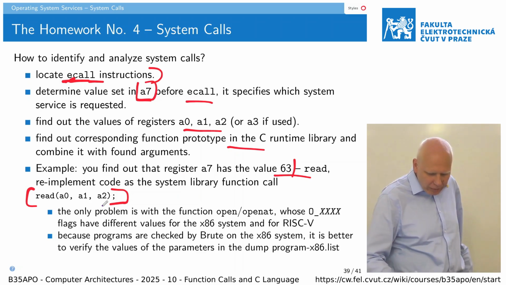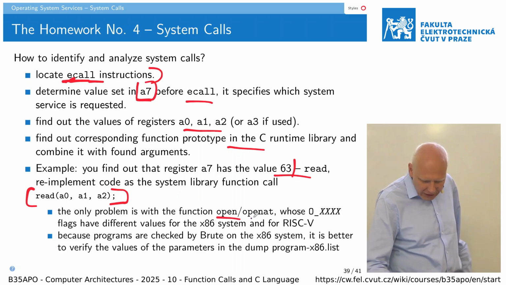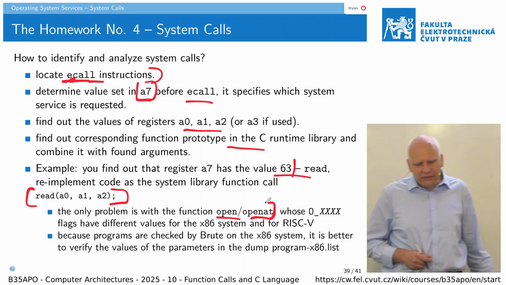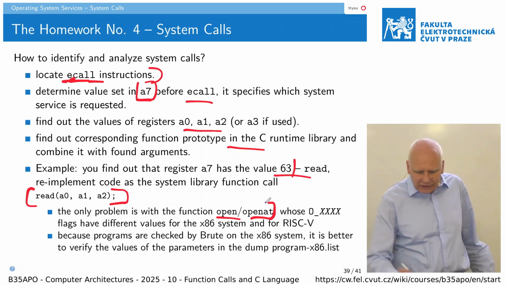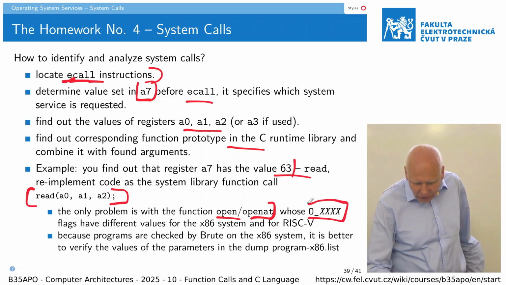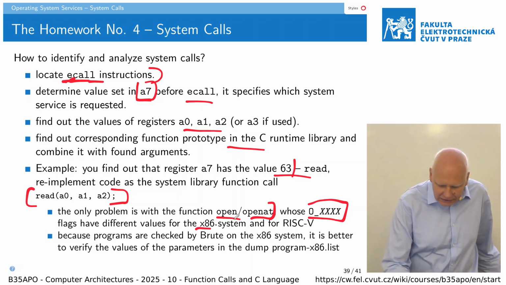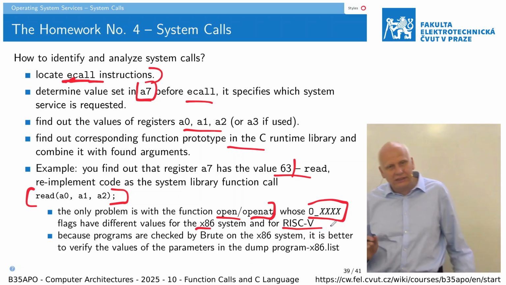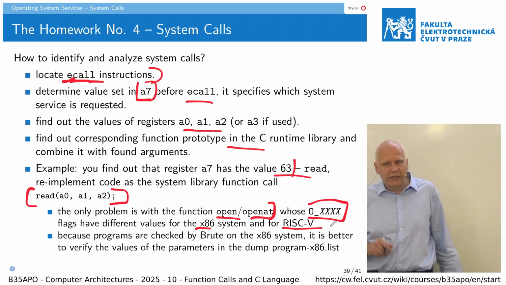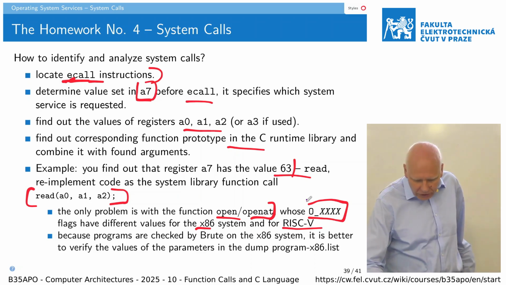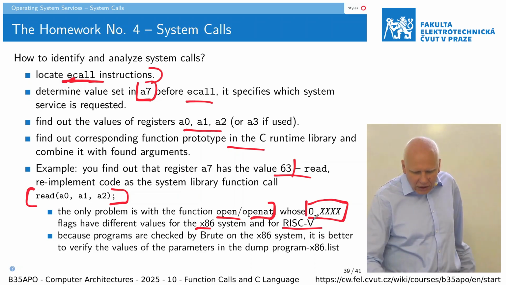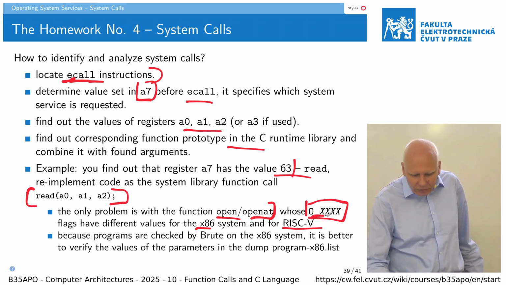There is some problem that for the open and openat system calls, some of the mode flags are different for x86 and for RISC-V. So in this case, be careful, you need to check for the specific architecture what the encoding is. The names of the flags are the same.